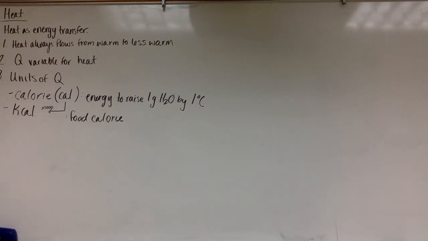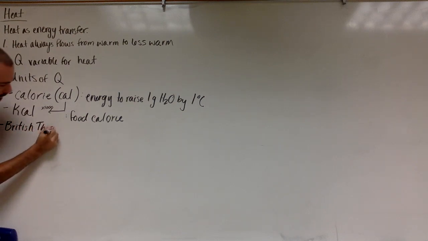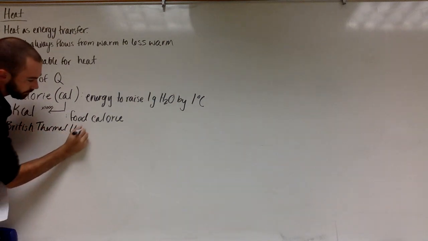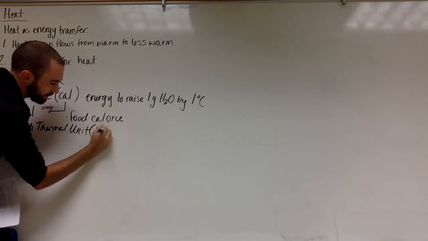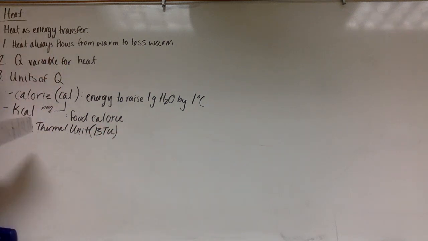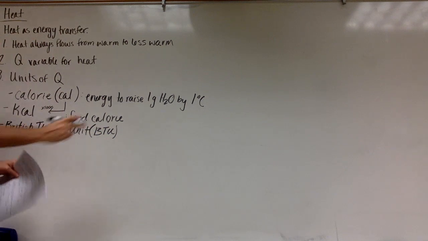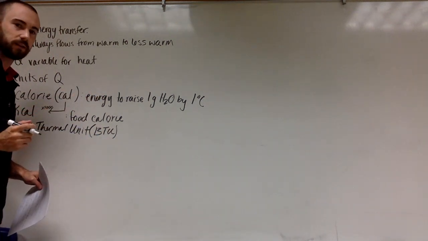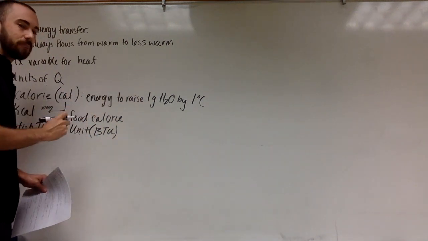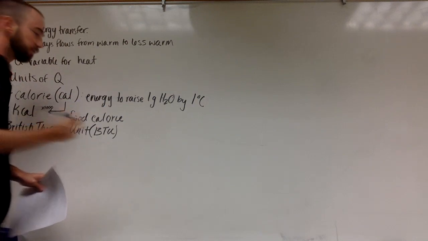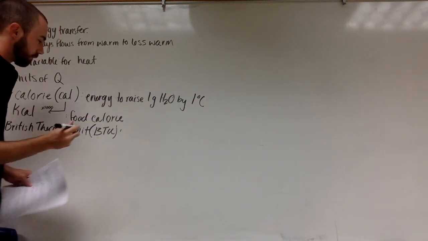All right. The next one we have is the British thermal unit. You may have seen BTUs on a grill. Basically what this one measures, it's the English version of, like the imperial unit version of the calorie.